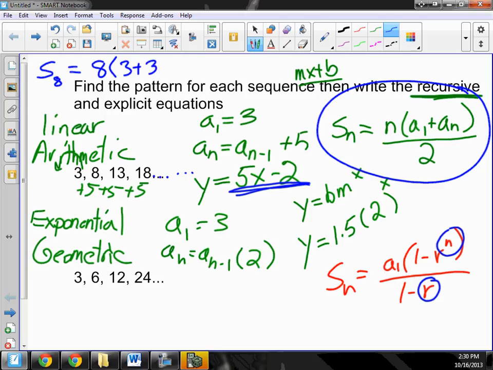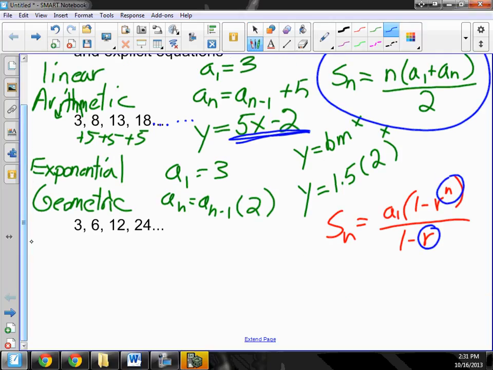So plus 38, and I divide that by 2. Well, 8 over 2 is 4, times 3 plus 38 is 41, which is going to be 164, I believe. So that equals 164. Okay? How do I find S sub 8 on the exponential, the geometric?